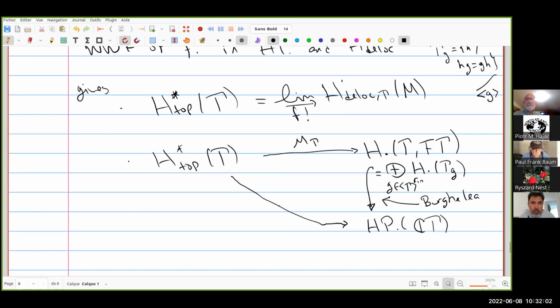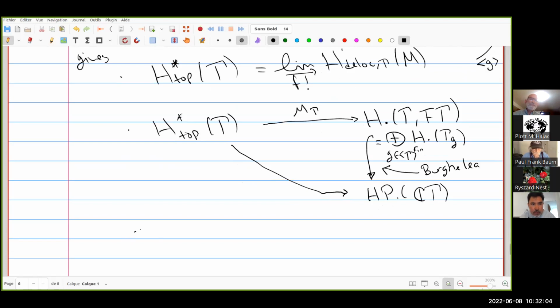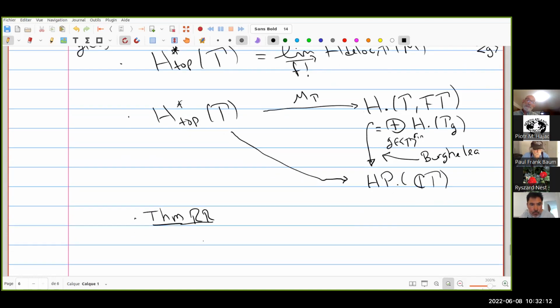And well, together with a Riemann-Roch theorem, that is essentially the fact that, up to some Todd classes, some delocalized Thom classes, the Chern maps commute.